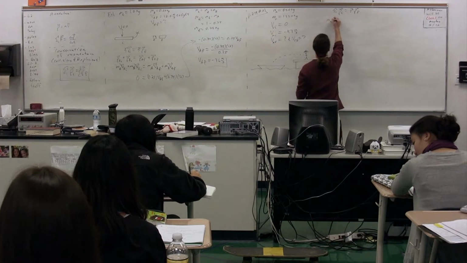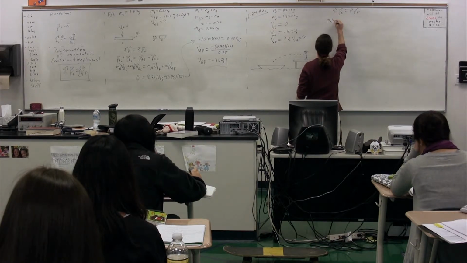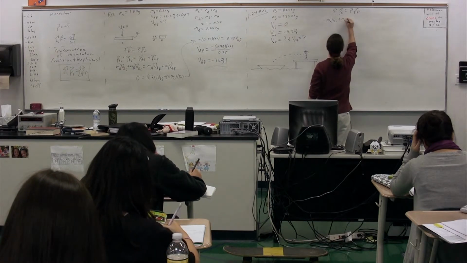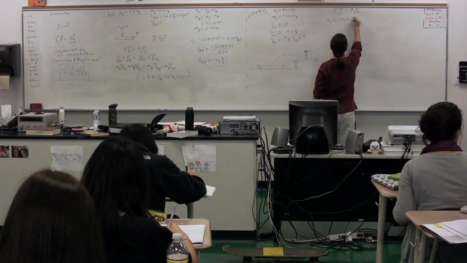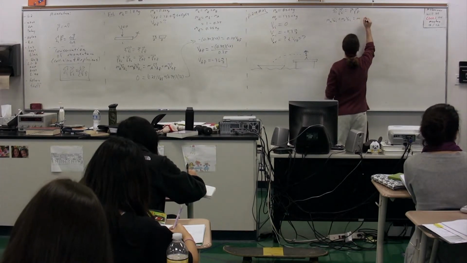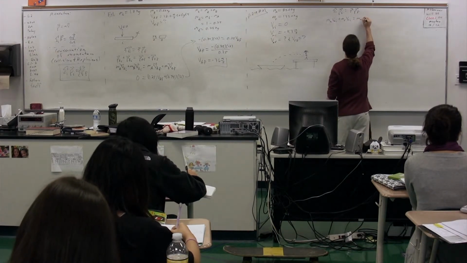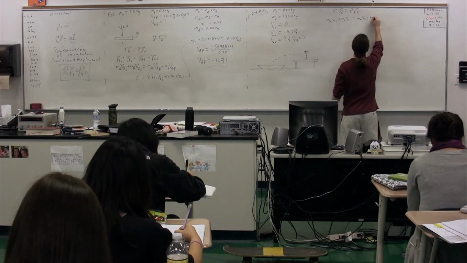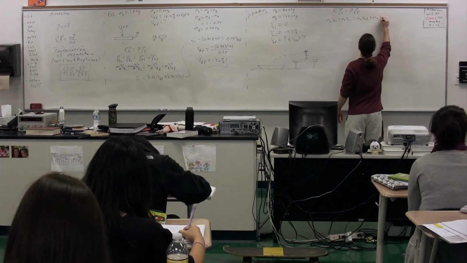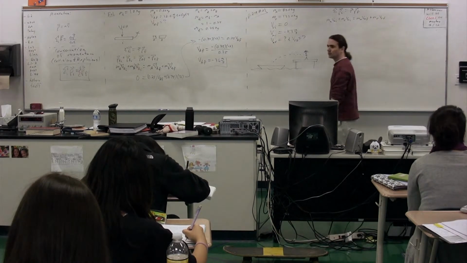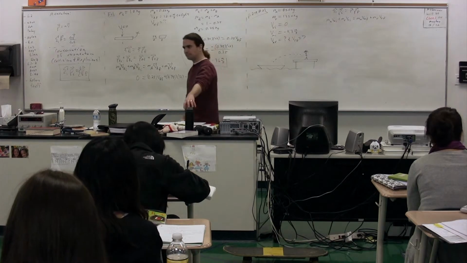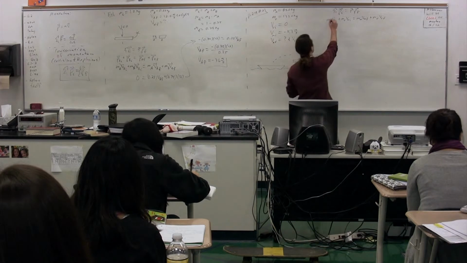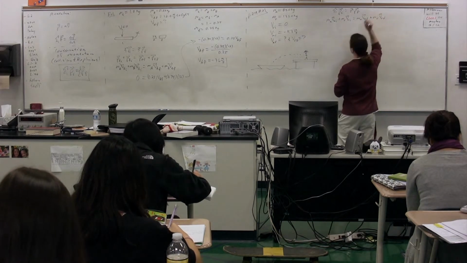The mass of the man times the initial velocity of the man, plus the mass of the rowboat times the initial velocity of the rowboat, equals the mass of the man times the final velocity of the man, plus the mass of the rowboat times the final velocity of the rowboat. I can put little vector symbols over all of the velocities.